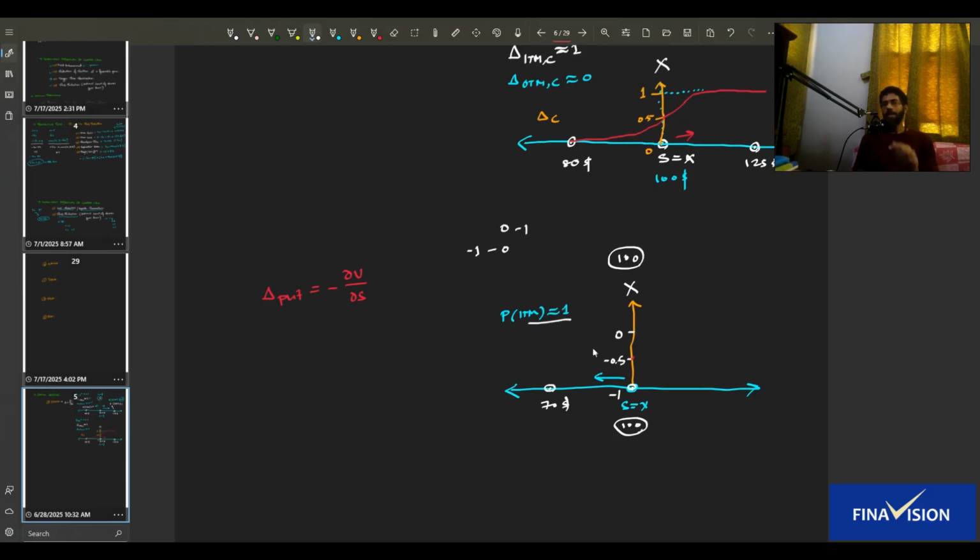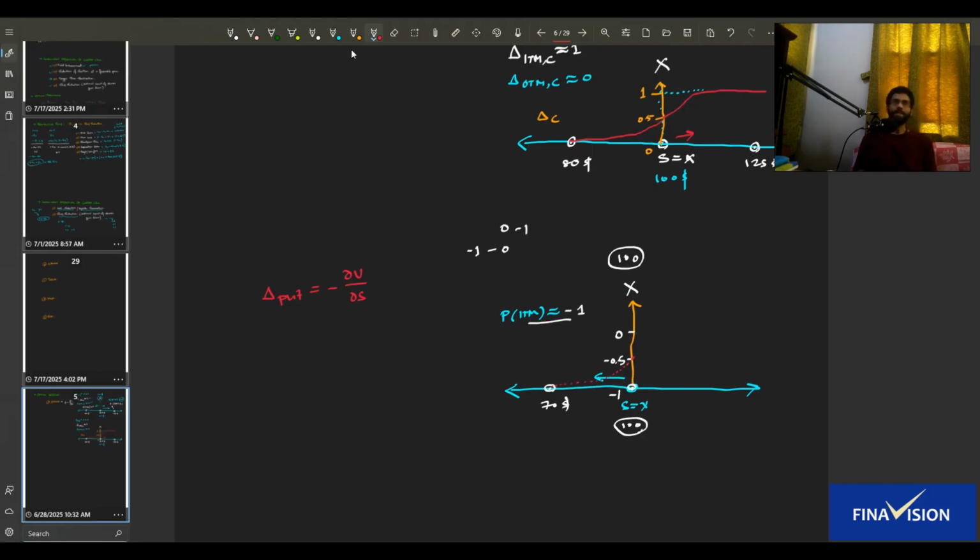But because it is inversely related to the value of the stock, we put a minus sign. We do not write 1 here, we say it is close to -1. So the curve moves something like this. So as the option keeps on moving in the money, the curve moves towards a value close to -1, right? It moves very close to -1.